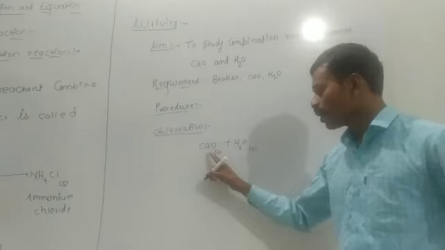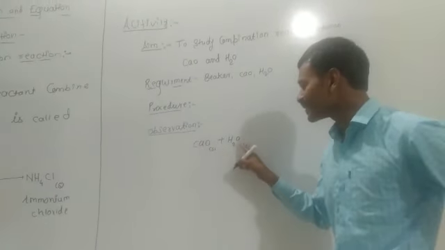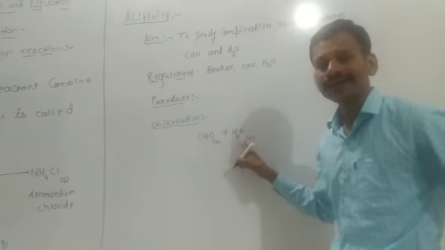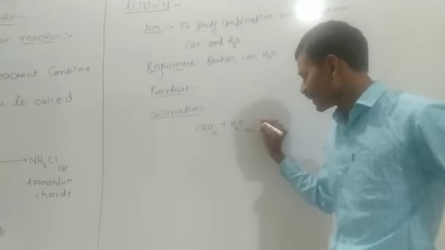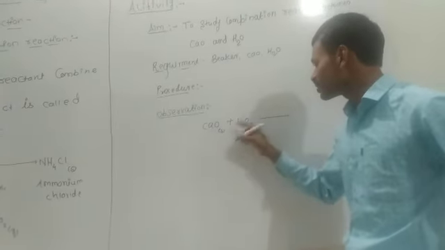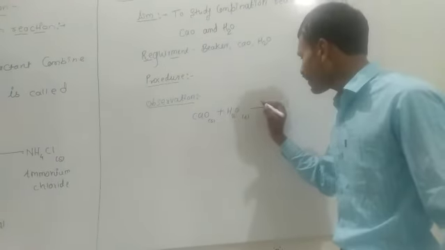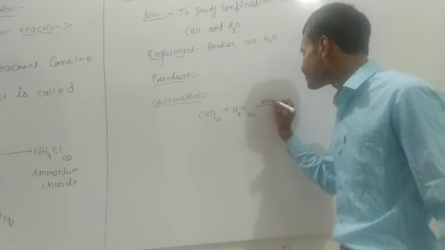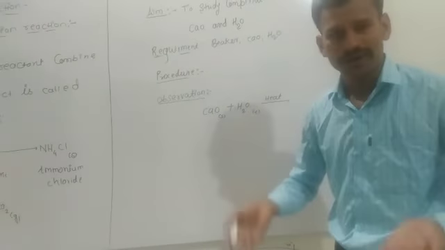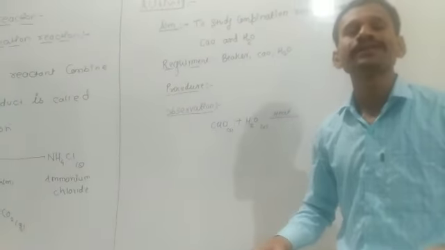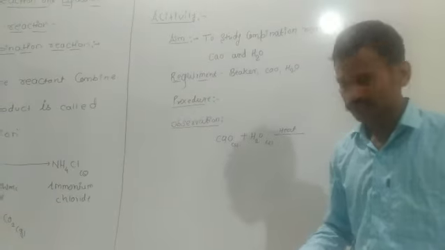Now when calcium oxide reacts with water, H2O, a hissing sound is also produced. Again, heat is released. Heat is evolved in this chemical reaction.